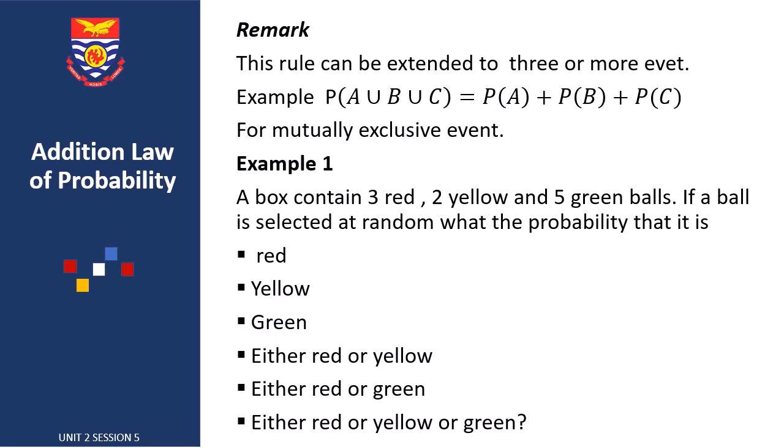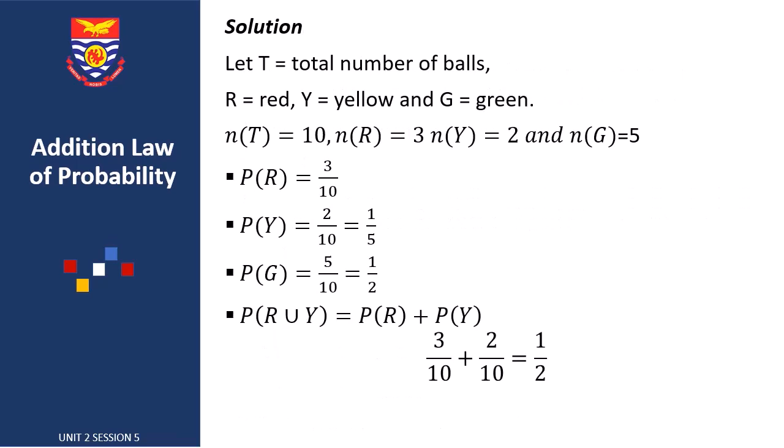So the box contains 3 red, 2 yellow, and 5 green balls, and just one ball is selected.